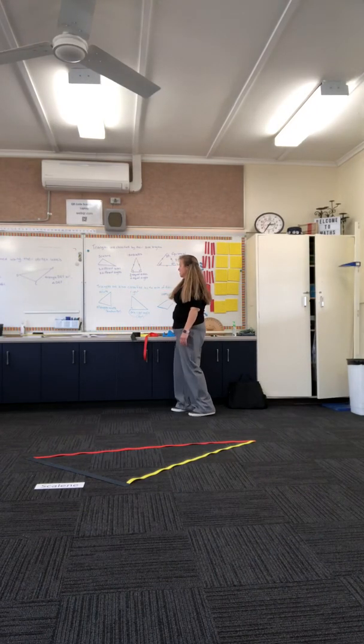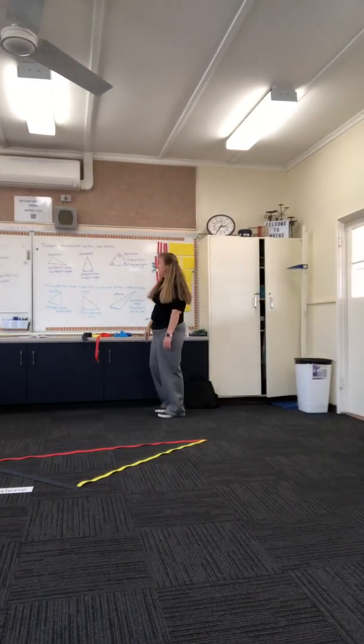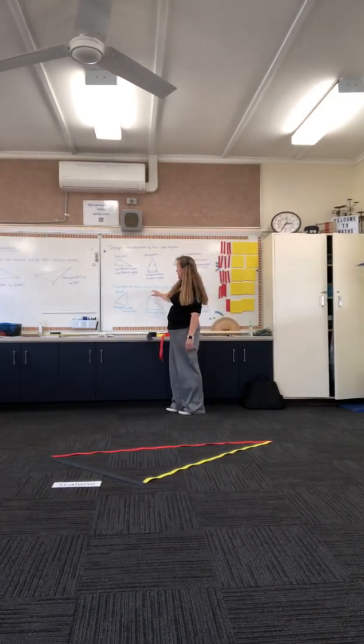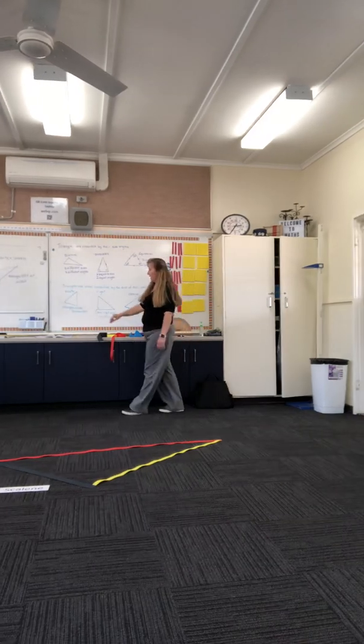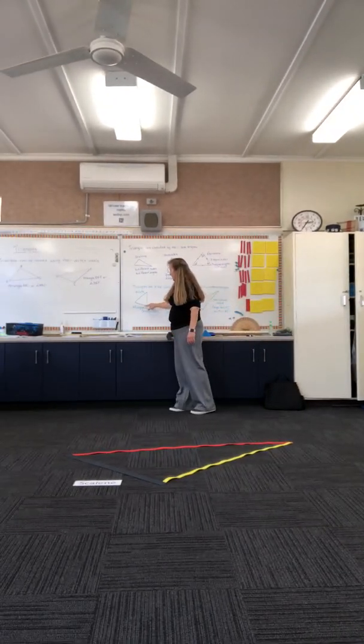The next thing we're going to think about is that triangles are also classified by the size of their interior angles. Interior angles mean the angles that are on the inside.